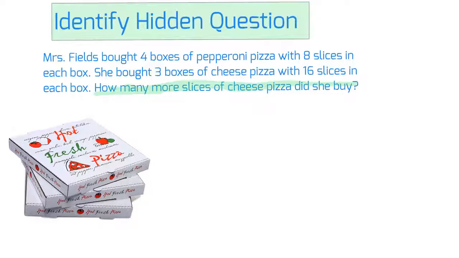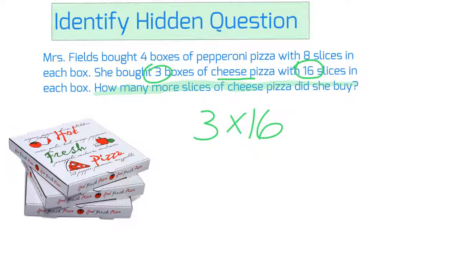How can we figure out how many slices of cheese pizza Mrs. Fields bought? Well, we can look for the cheese, which is here, and we know that she bought 3 boxes and they each had 16 slices, so we'll need to multiply 3 times 16 to figure out how many slices of cheese pizza she bought.